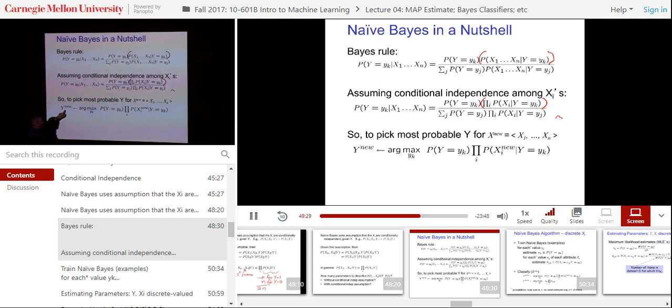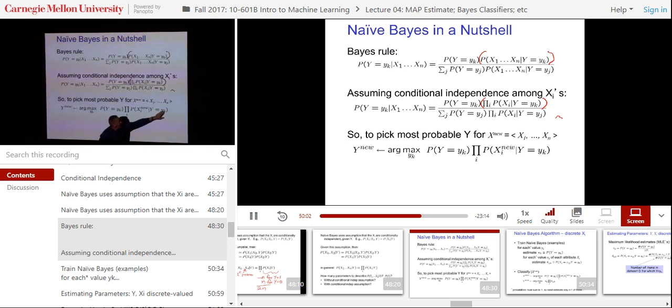And then if we estimate all of these 2n terms, if y and xi are all Boolean, plus we need one more term for the prior probability that y is 1 or 0, or the marginal probability, if you like. Then when we get a new example, a new x, we just look at the features of the new x, we calculate the probability that we would see all of those features given that y equals, let's say, 0 or 1.